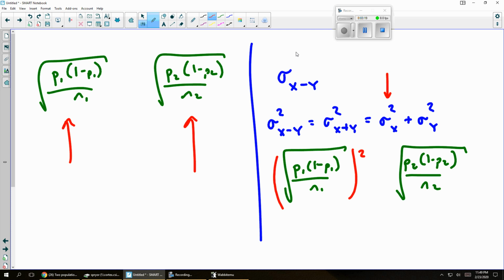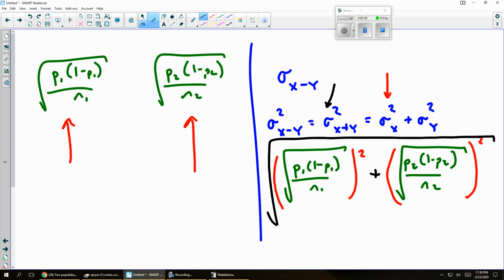But again, it's squared. And then I'll add these two things together. Now what I find right there is actually the variance. And so if I want the standard deviation, then I need to take that whole thing and square root it. That looks really complicated, but as it turns out, a lot of it disappears.